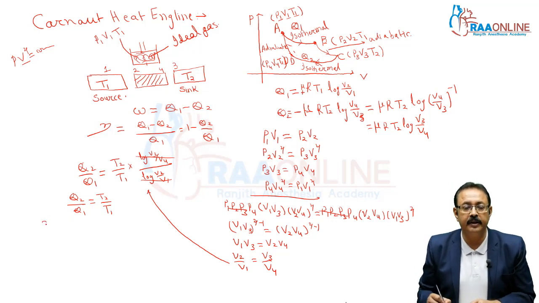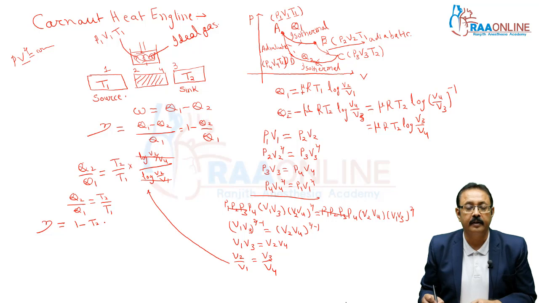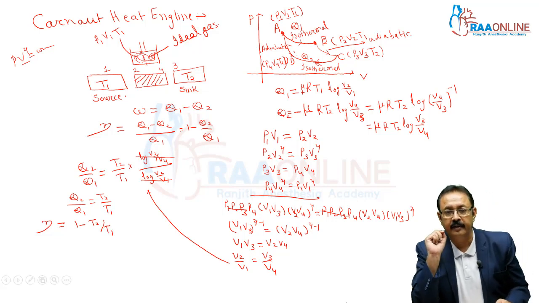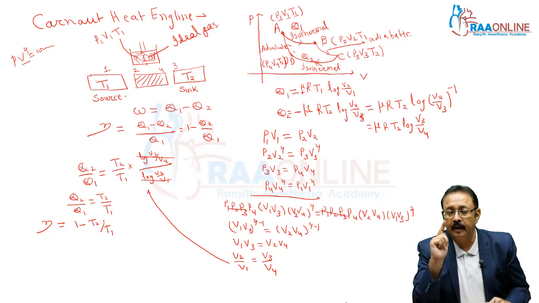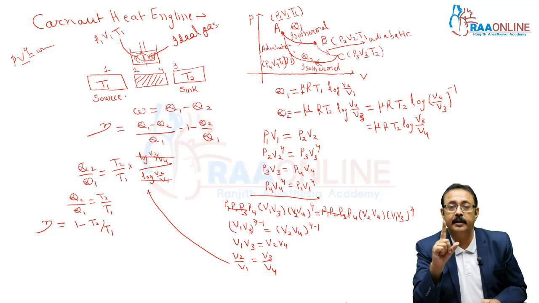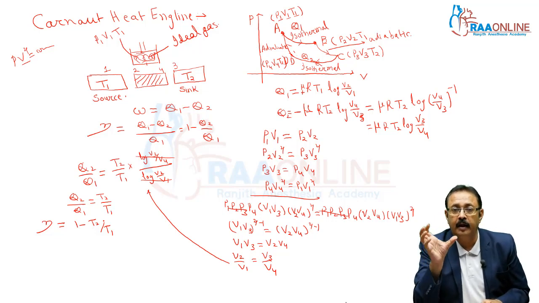So in terms of this, now you can write the efficiency of a heat engine as 1 minus T2 by T1. Since T2 is always less than T1, the efficiency of this Carnot heat engine, which is an ideal heat engine because we were using ideal gas, is again not 100%.